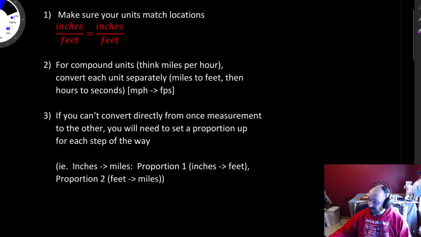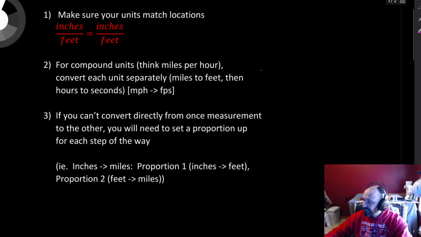So if, for instance, I was going to convert, let's say, 15 miles per hour, and I wanted to go to, say, feet per second, which is FPS, unless you're a gamer, that is first-person shooter, but hey, we can't all be gamers.